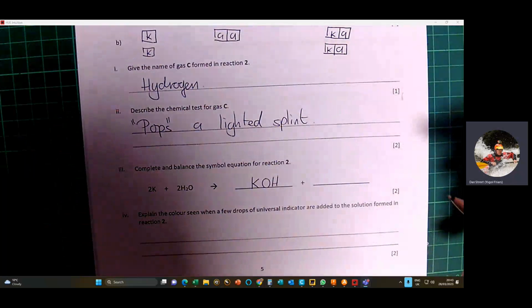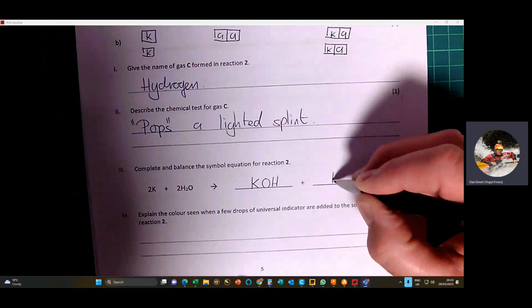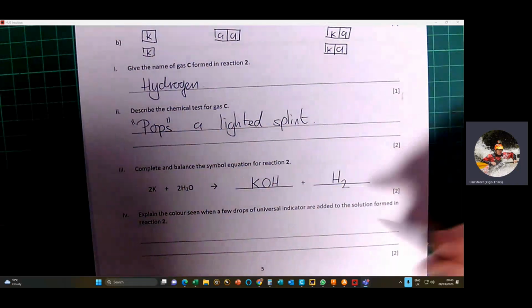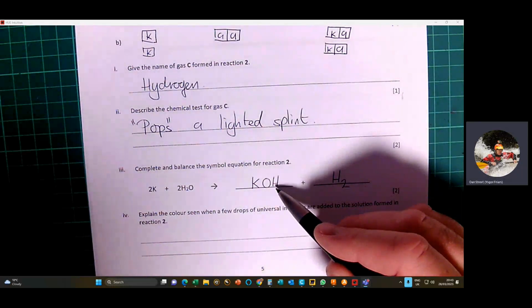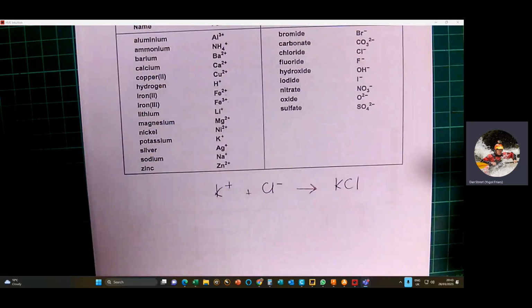And then hydrogen gas has a formula like many elemental gases. It is diatomic, which means it's got 2 atoms in it, so it's H2. Now, we might want to check this to make sure we've got the right formula. Okay, so again, we can use our table of ions.